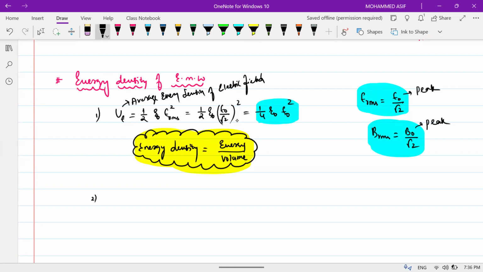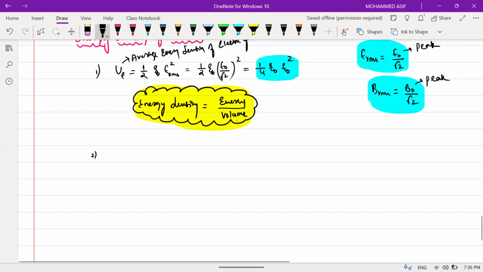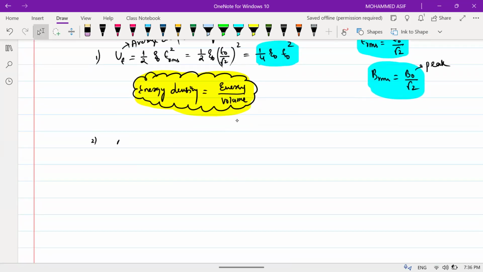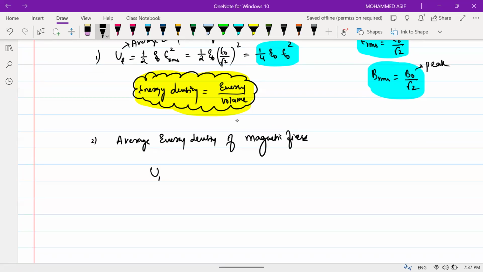The next one. As an electromagnetic wave is a combination of electric and magnetic field, the same way I can calculate here the average energy density of the magnetic field. The average energy density of the magnetic field is equal to BRMS square divided by 2 times mu naught.